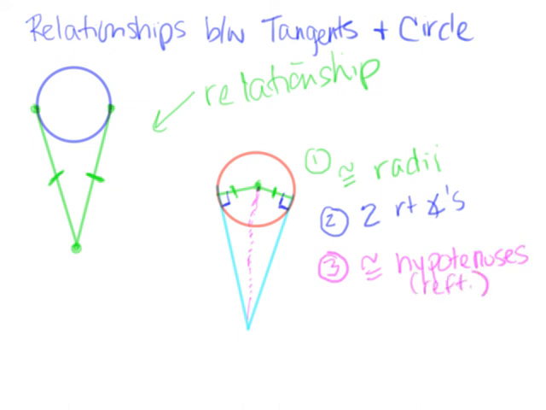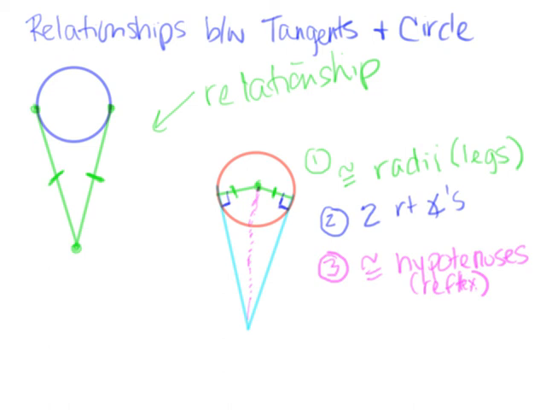Because it's a shared side, so they are the same length, so they're the exact same segment on each triangle. Let me go back up and just point at that. So now those radii are more than just radii. In terms of the right triangles that you see here, they're actually legs. So you have two right triangles with congruent legs and congruent hypotenuses.